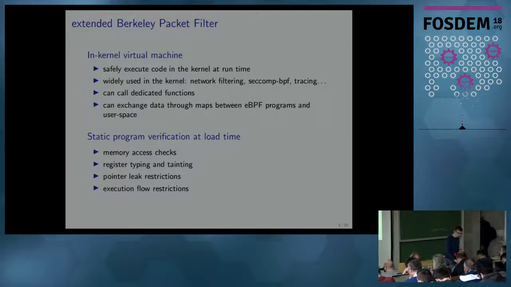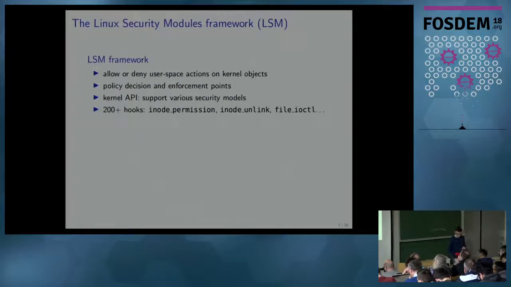So that's what is used in Landlock to express an access control rule. And what is used to enforce access control rules is the LSM framework. LSM stands for Linux Security Modules. It is mainly an API to extend the kernel with code to enforce security policy on user space.